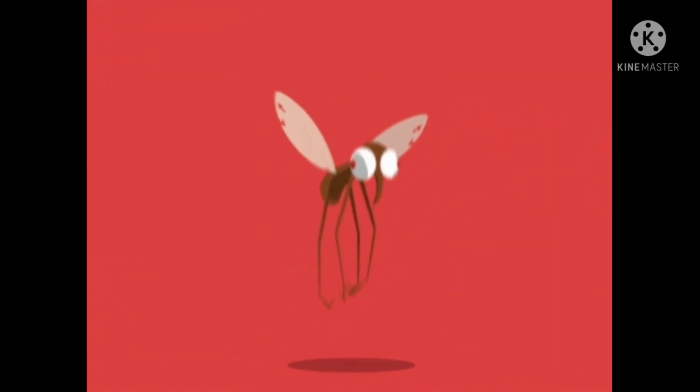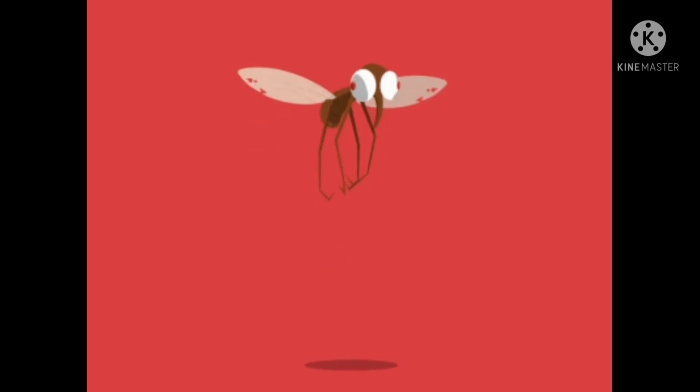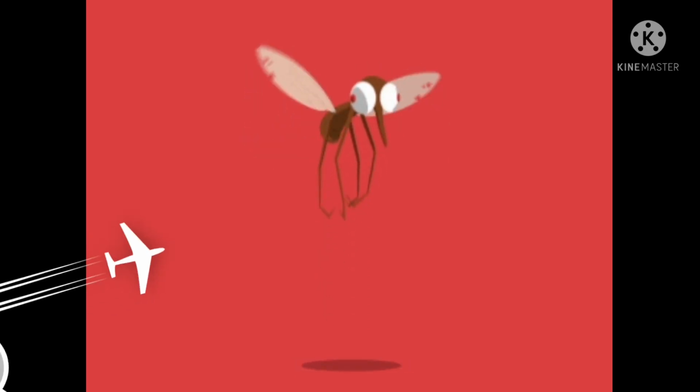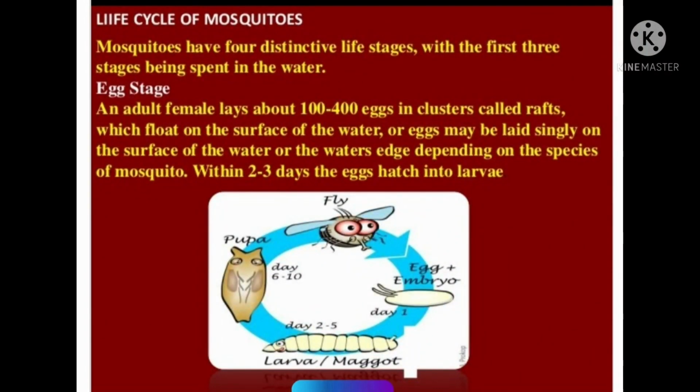So now let us learn about the life cycle of mosquitoes. Life cycle of mosquitoes. Mosquitoes have 4 distinctive life stages, with the first 3 stages being spent in water.